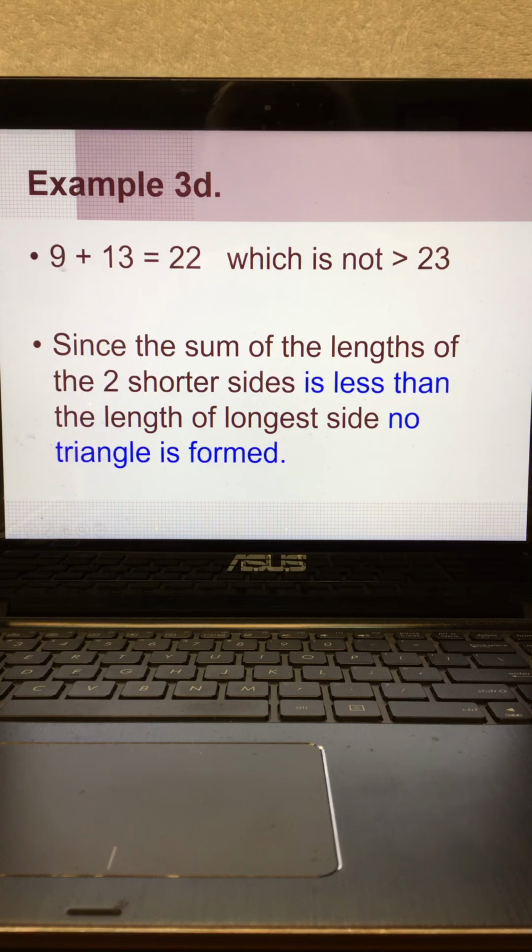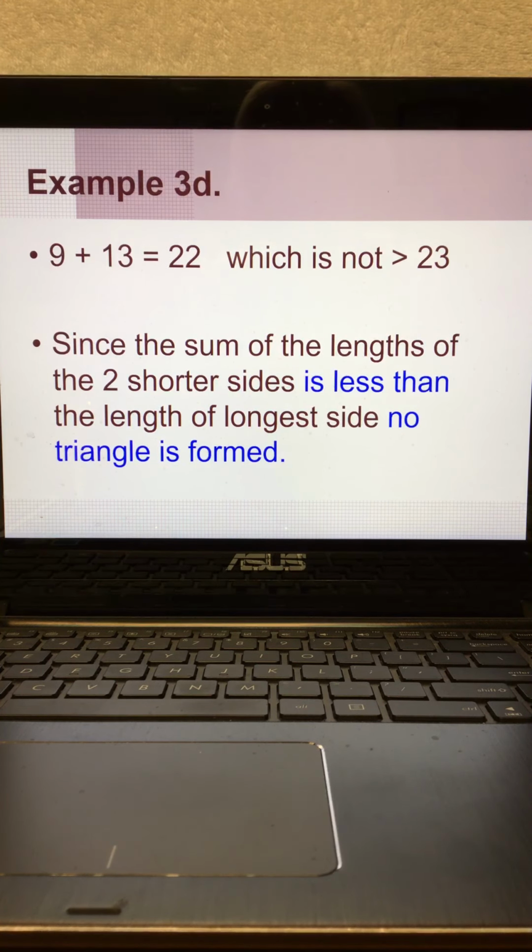So 9 plus 13 is equal to 22. 22 is not greater than 23. So since the sum of the lengths of the two shorter sides is less than the length of the third side, no triangle is formed.